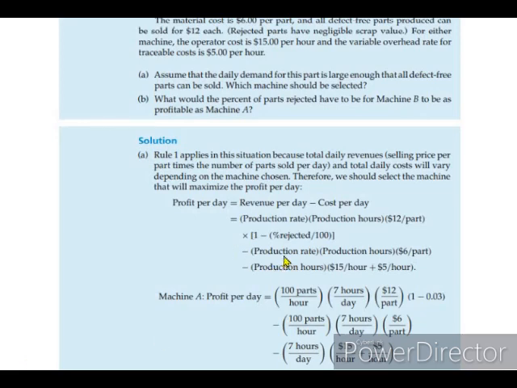Here we are subtracting the reject, because the company does not profit from the reject. Then minus the costs per day: minus the production rate multiplied by the production hours and $6 per part, which is the material cost, minus also the production hours multiplied by $15 per hour, which is the operator cost, plus $5 per hour, the overhead rate.